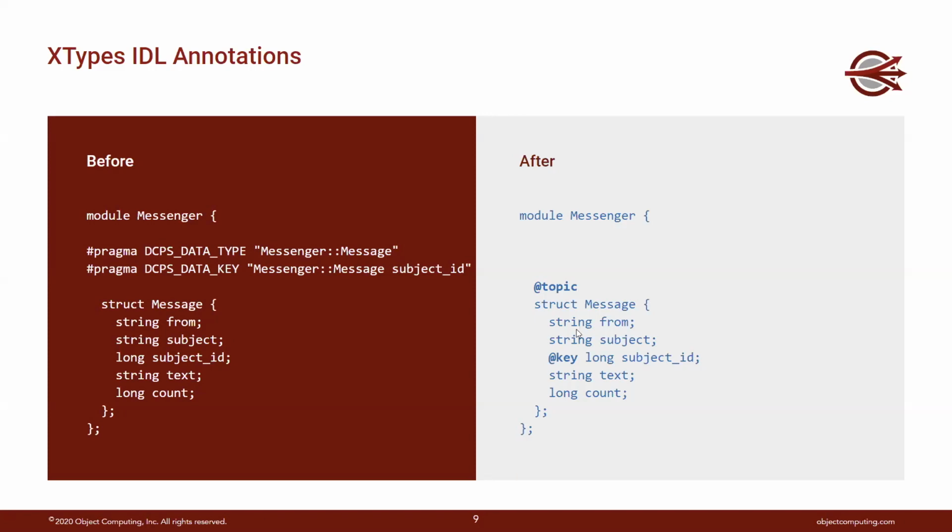Here we're using topic and key, right? Those two bold annotations that are shown here. And so this is standardized in the IDL4 standard and the XTypes standard. So doing this is kind of common across DDS implementations, and hopefully just much simpler and easier to deal with.